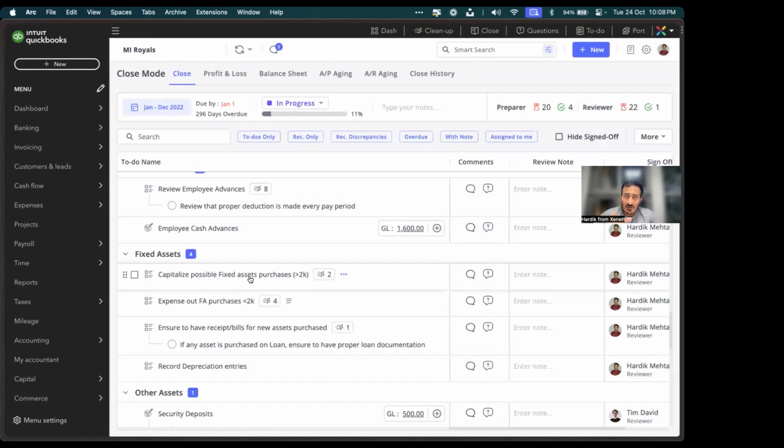Okay. Now the second point is that in the fixed assets itself, I would also apply the same $2,000 limit. Imagine if there are any transactions recorded in the fixed assets that are less than $2,000. I also don't want to capitalize them, because it's a pretty small amount to be capitalized. So I have also created a point here that says expense out any purchases that are less than $2,000.